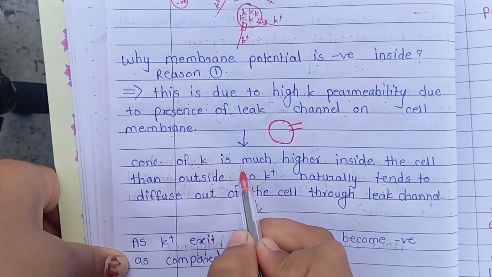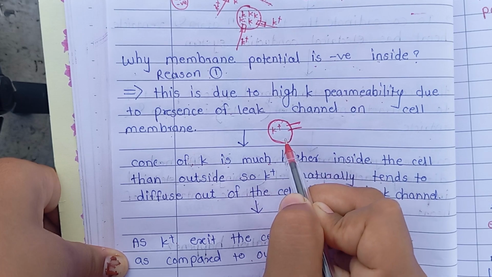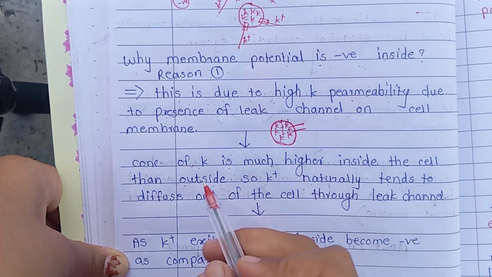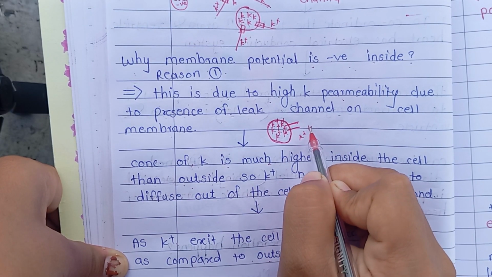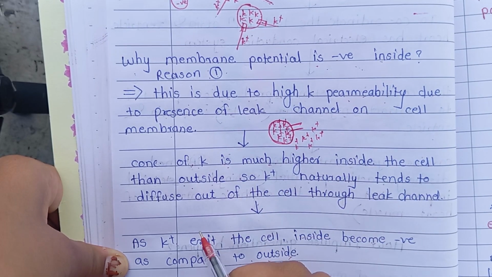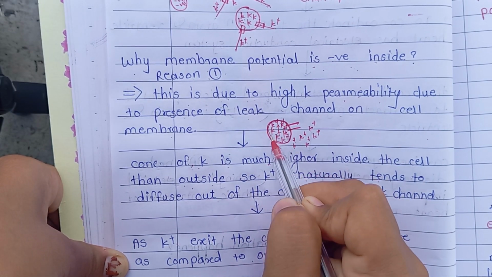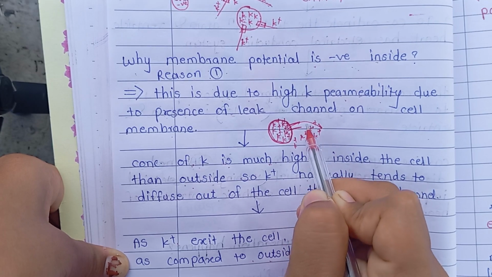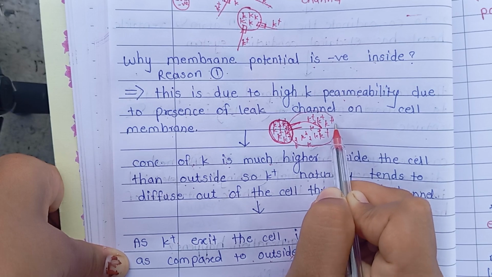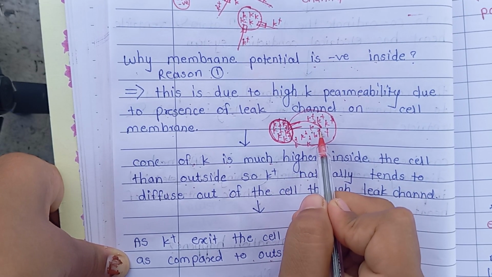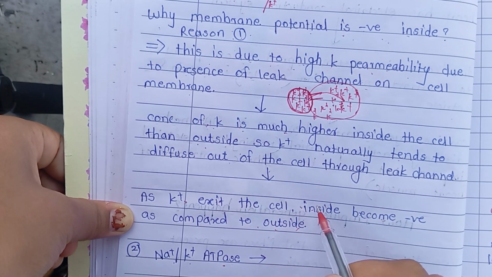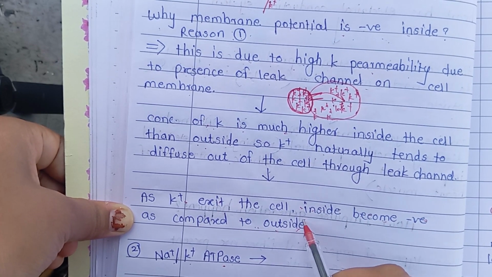The concentration of potassium is much higher inside the cell than outside. So naturally the potassium ions inside diffuse out of the cell, and the number of potassium ions outside becomes higher. So as the potassium exits, the inside of the cell becomes negative compared to the outside.